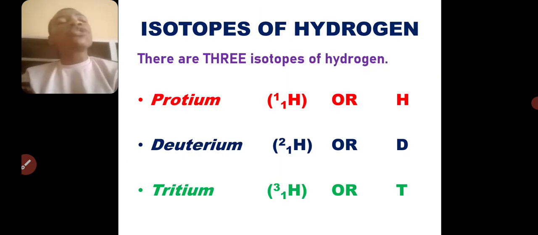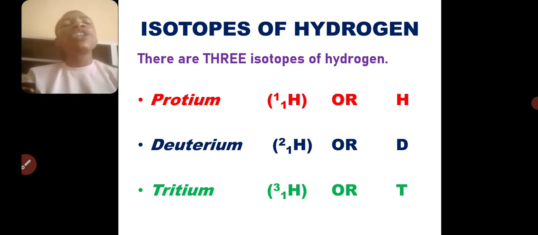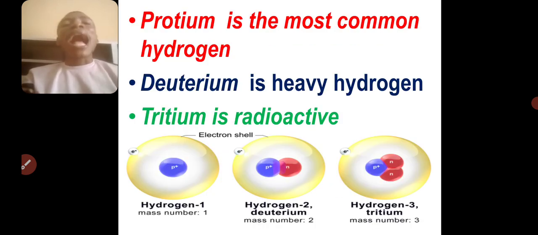We have 3 isotopes of hydrogen. Number 1 is protium, which is hydrogen 1,1 or simply H. We have deuterium, hydrogen 2,1 or simply D. And we have tritium, hydrogen 3,1 or simply T. Out of all the three isotopes, protium is the most common isotope of hydrogen.